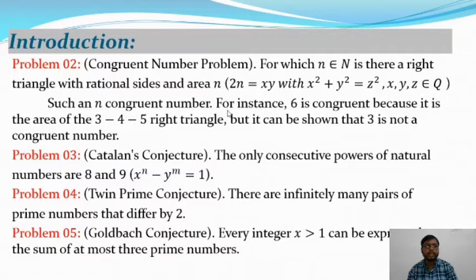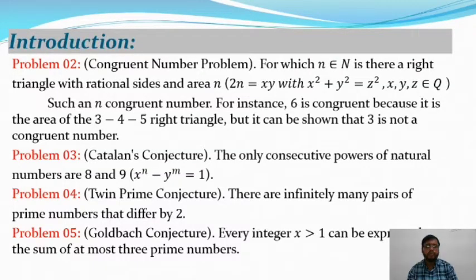For instance, 6 is a congruent number because it is the area of the 3, 4, 5 right angle triangle. That means 3, 4, 5 are the base, height and hypotenuse. But it can be shown that 3 is not a congruent number. This is the second problem in number theory.